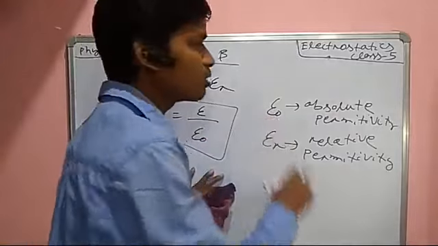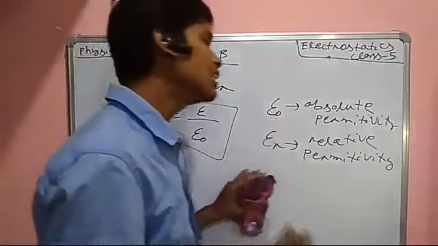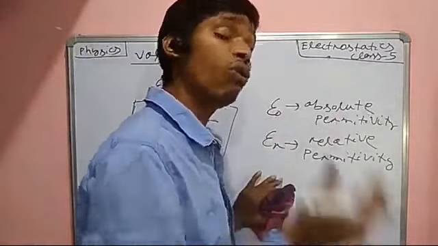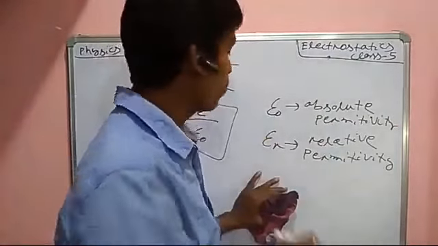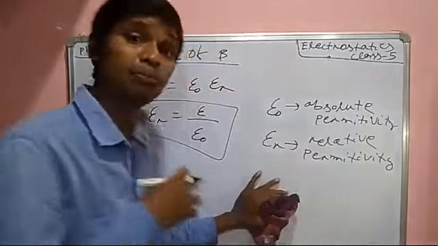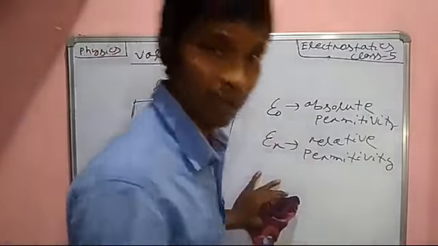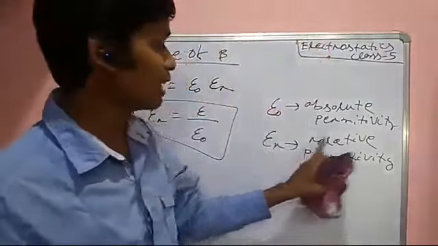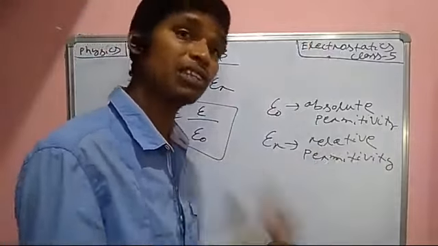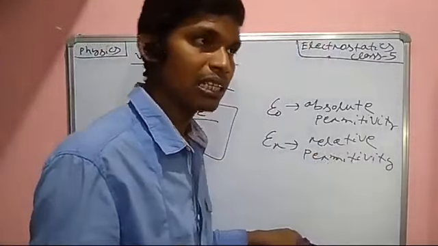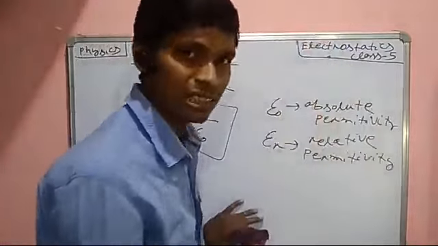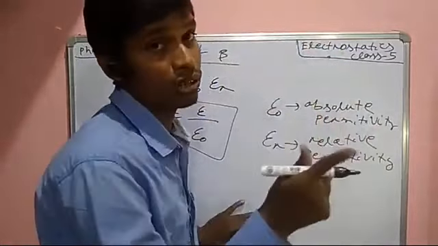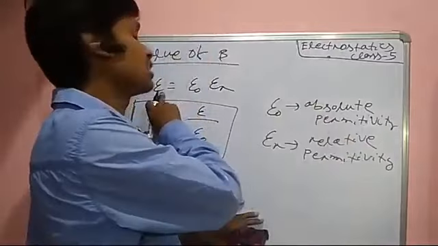So epsilon 0 is the absolute permittivity, which is always constant in any medium. But epsilon r, the relative permittivity, depends upon the nature of the medium. That means when the medium changes, epsilon r changes, but epsilon 0 is constant. So epsilon changes.